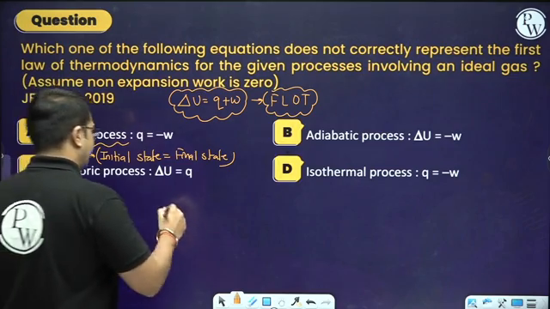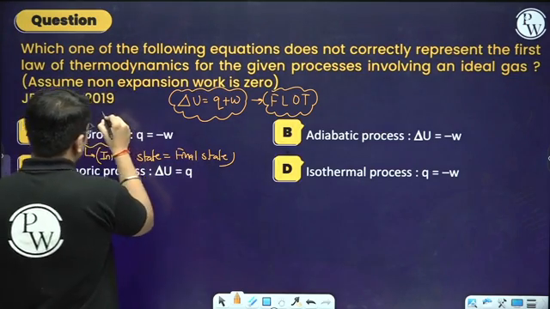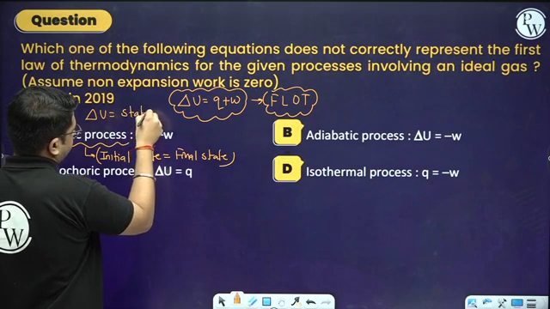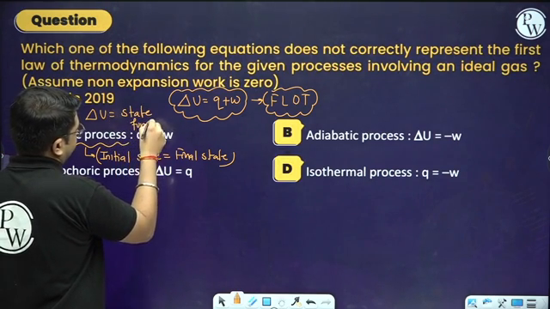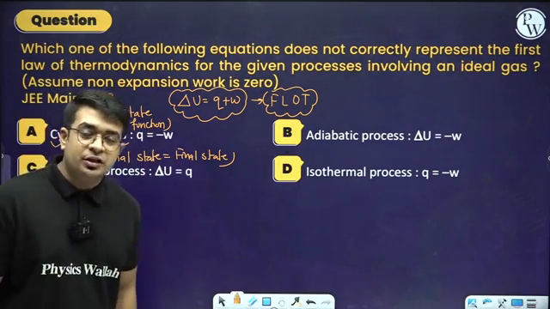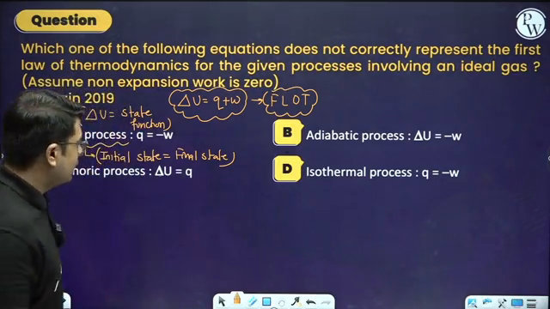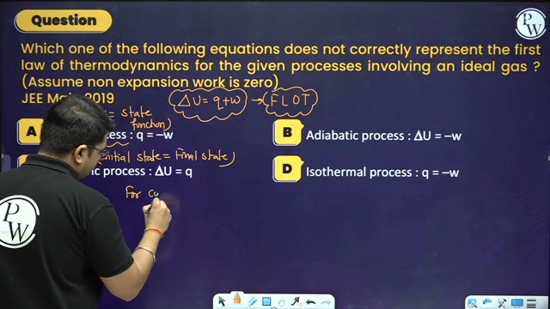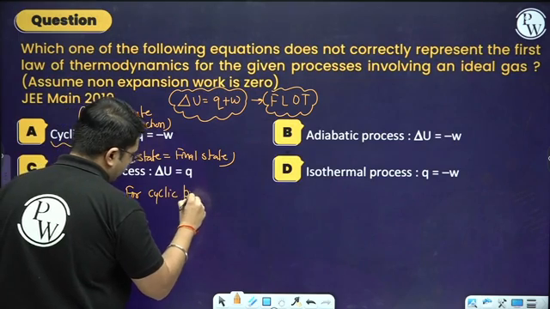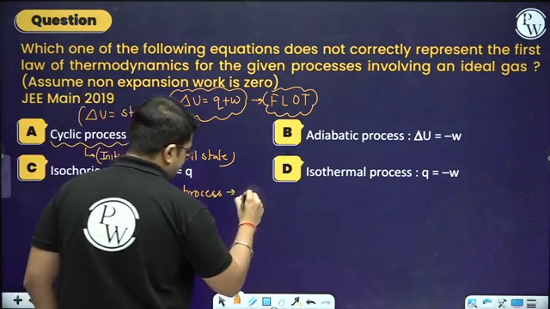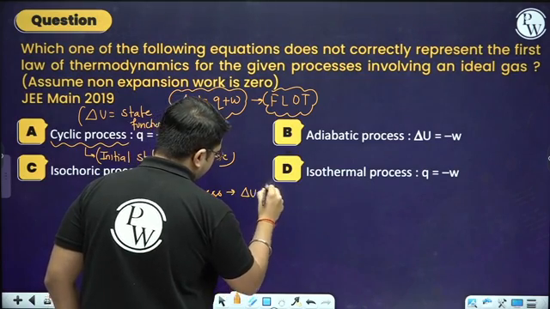And one thing which we already know is that this delta U is basically a state function. It depends upon the initial and final state. If both are the same, we can say that for a cyclic process, delta U will be equal to 0.